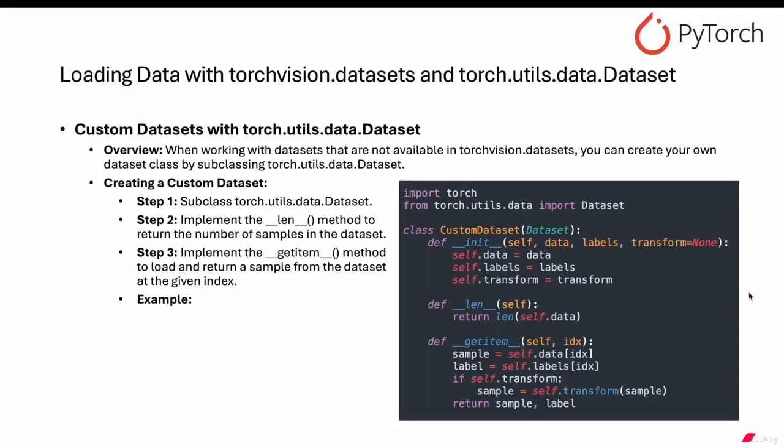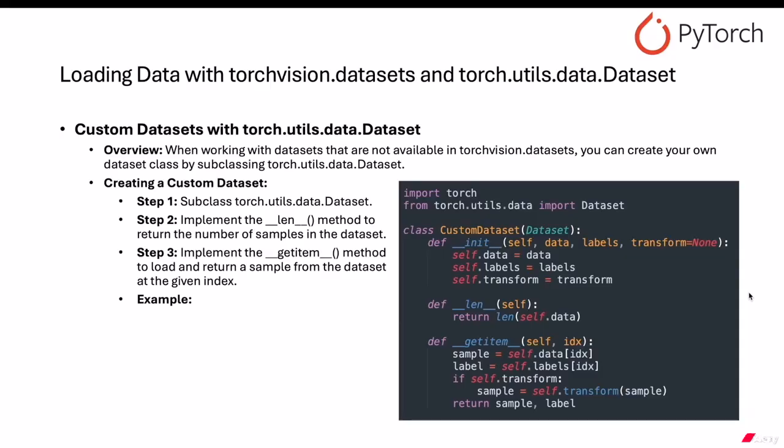Here is an example where I'm importing torch, then from torch.utils.data I'm importing Dataset. Then I'm creating a class CustomDataset with Dataset passed to it, and the first function is the initialization function, where I am passing self, data, labels, and transform=None, and inside that I'm setting self.data to data, self.labels to labels, and self.transform to transform.